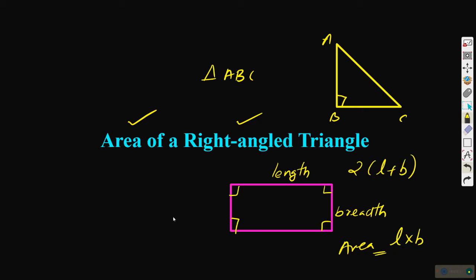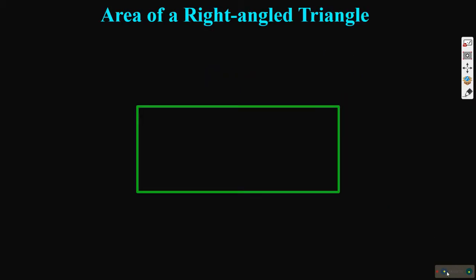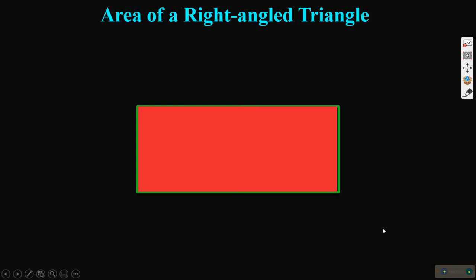So in order to get the formula to calculate the area of a right angled triangle, we need to recollect and apply the concept of the area of a rectangle. This is a rectangle, and this colored area we can consider as the area of the rectangle.